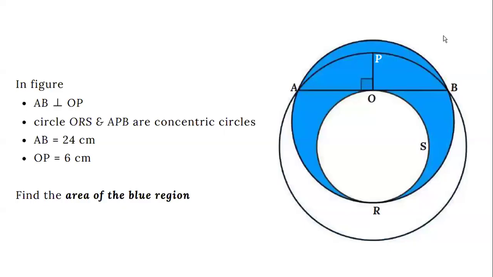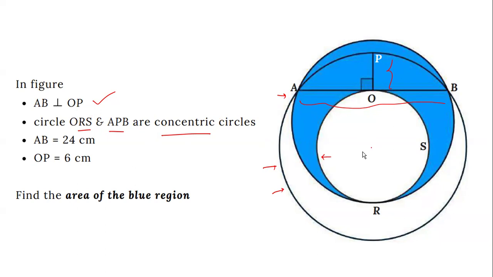So hello guys, in this video we are going to solve this problem. In this problem it is given that AB is perpendicular to OP. So this AB line is perpendicular to this OP line, and circles ORS and APB are concentric circles. Circle ORS is this circle, and APB is this circle, and both are concentric circles.